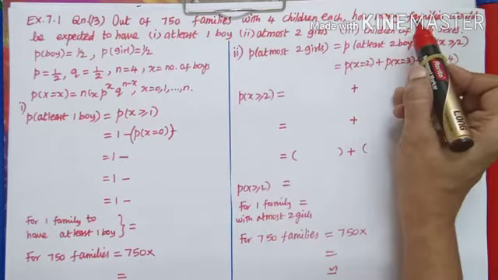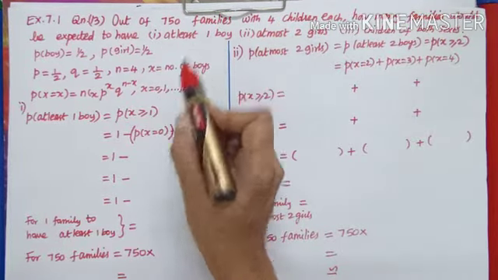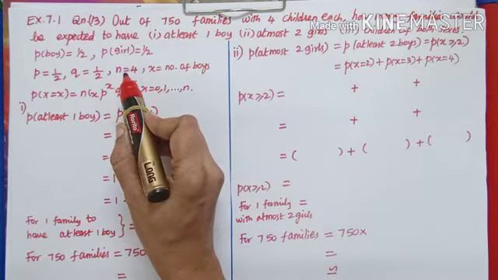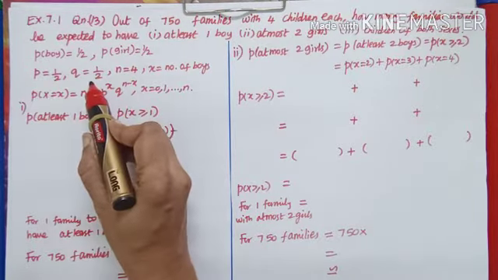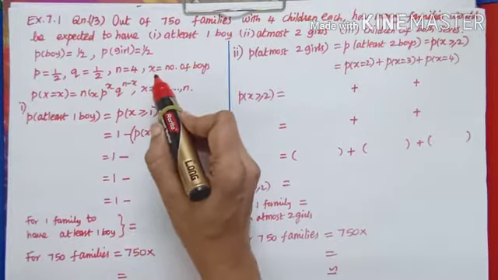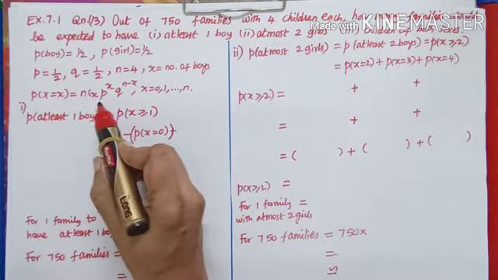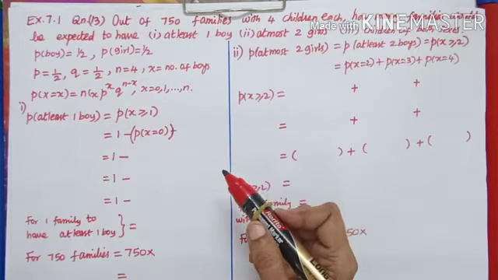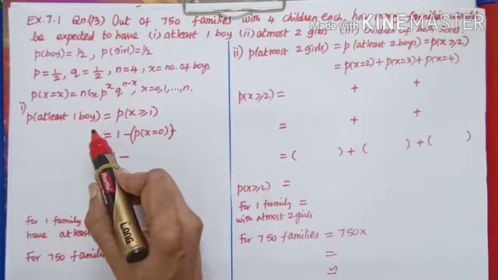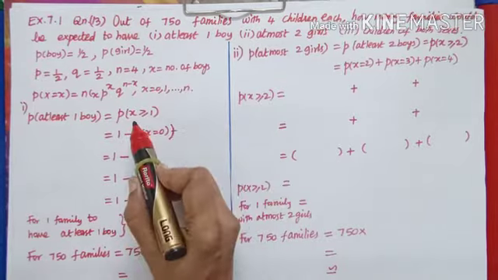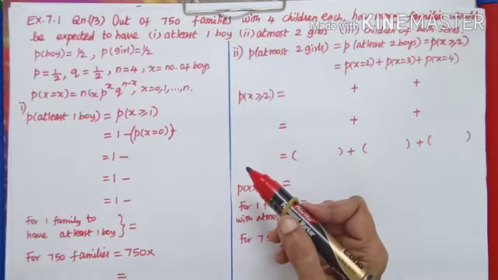Next one, we need to have at least one boy. So, having known N, P, Q, let us consider X to be the number of boys. We know the probability function for binomial. At least one boy tells me X greater than or equal to 1.